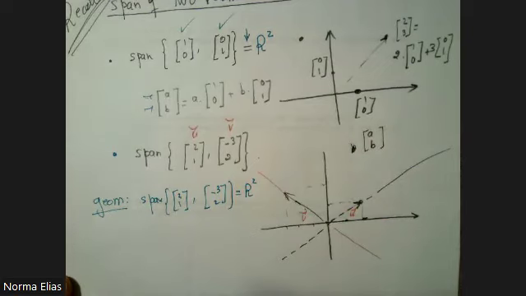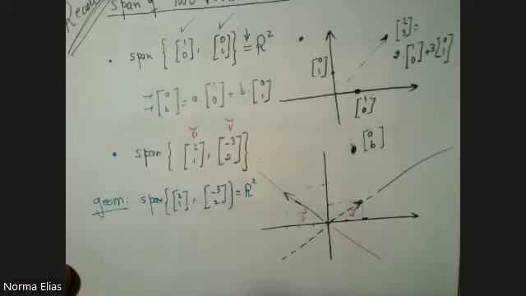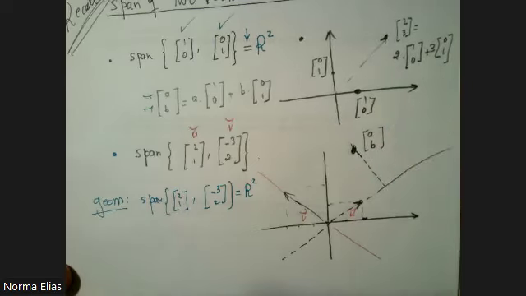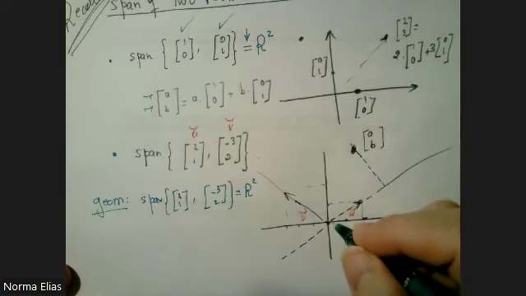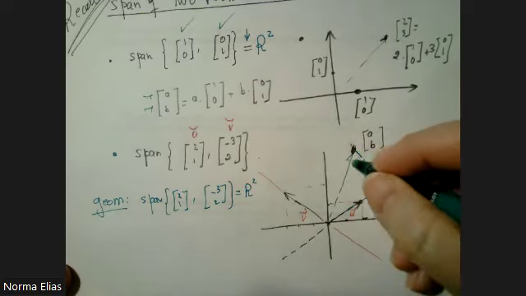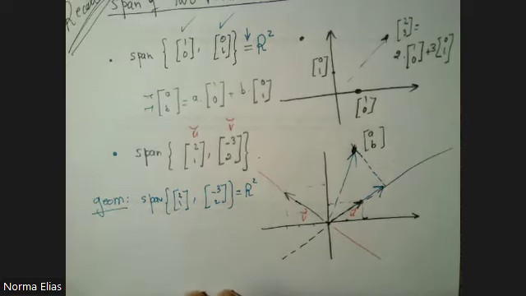Our answer was yes. You can take a line parallel to V until it hits the line U, and then you can write this as a linear combination. So geometrically, anything in R2 can be written as a linear combination.